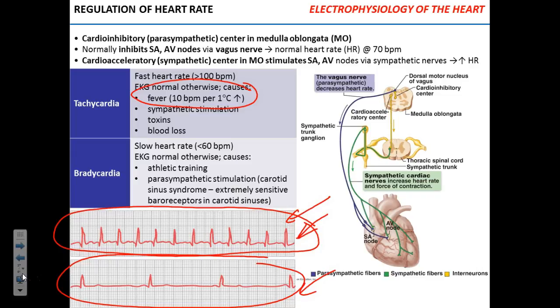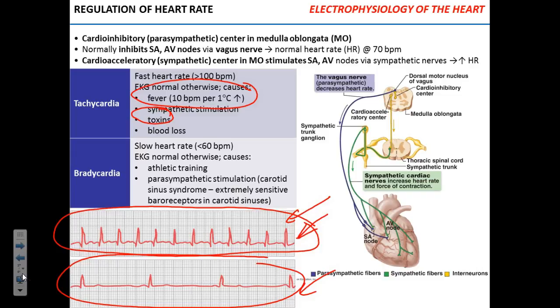Certain toxins can do that. Drugs, like coffee, sympathetic stimulation, when you exercise or when you're stressed, excited, blood loss, which makes a lot of sense.